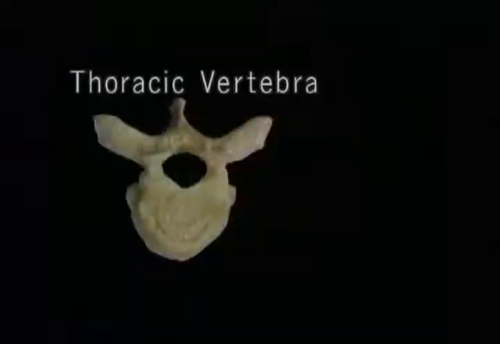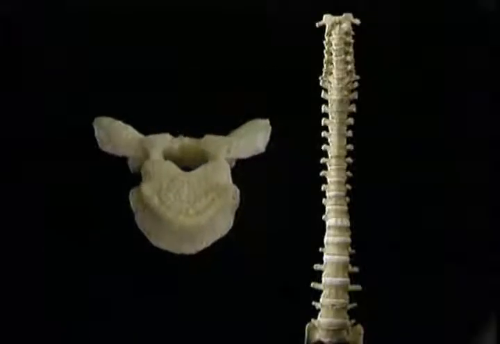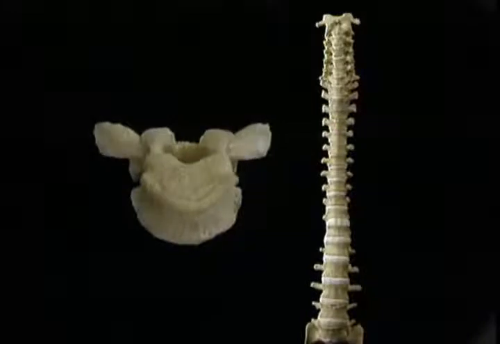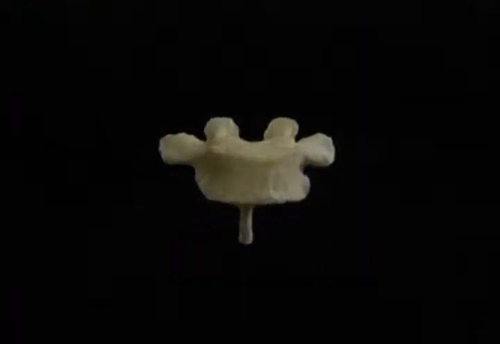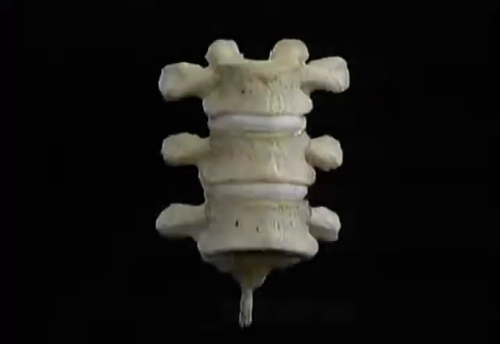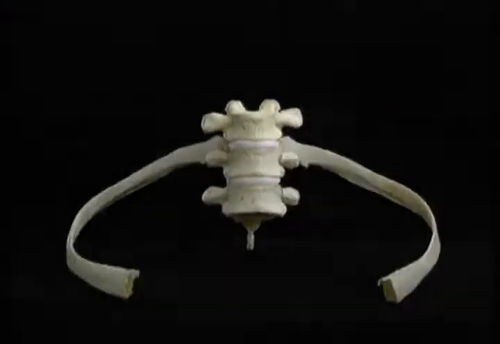Next, we'll look at the special features of the thoracic vertebrae. The bodies of the thoracic vertebrae become progressively more massive from above down, as they do from the top to the bottom of the vertebral column. Each of the thoracic vertebrae articulates with a pair of ribs.